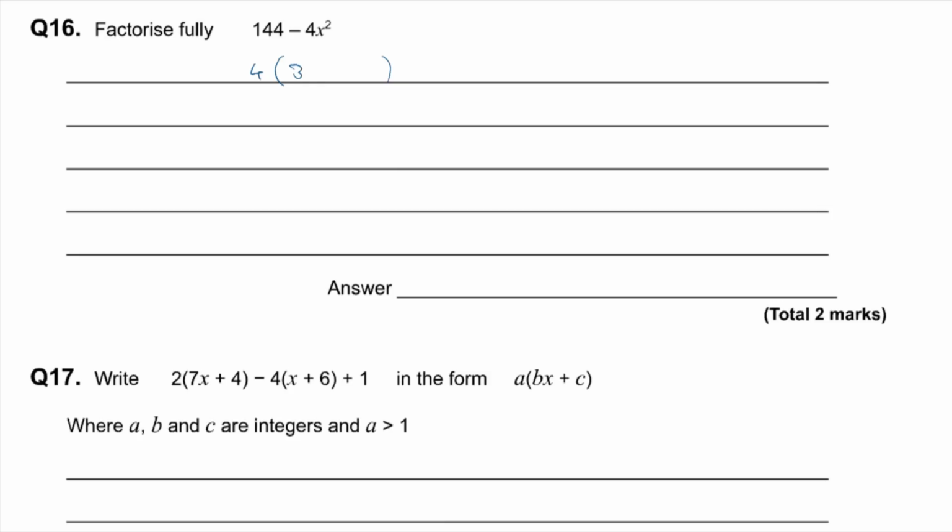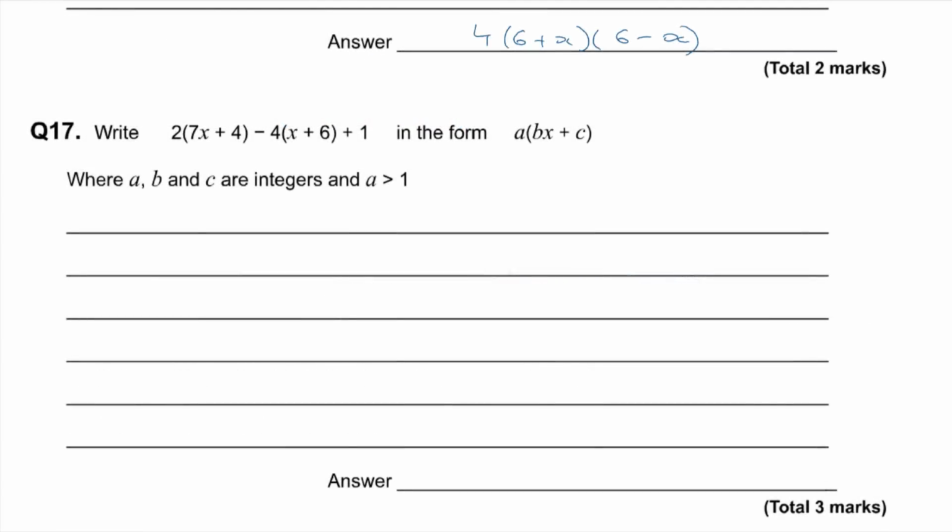So it's going to be 36 minus x squared. Well, luckily 36 is a square number, so square rooting 36 is going to give me 6. So 6 plus x, 6 minus x is the solution to that one. So 4 lots of 6 plus x, 6 minus x.